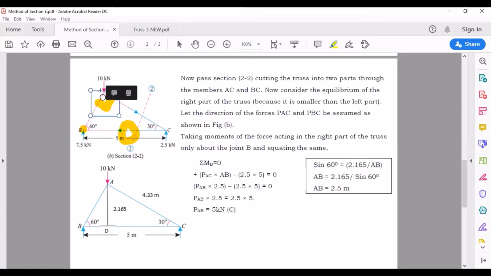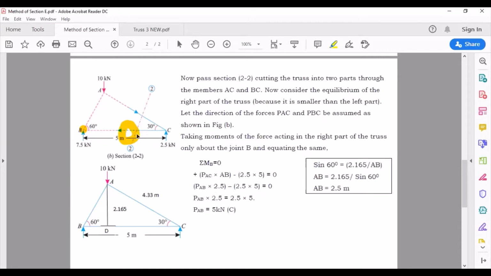So PAC into AB. What type of moment is it causing? B is the moment center, and it is causing a clockwise rotation, thereby it is taken with the positive sign.